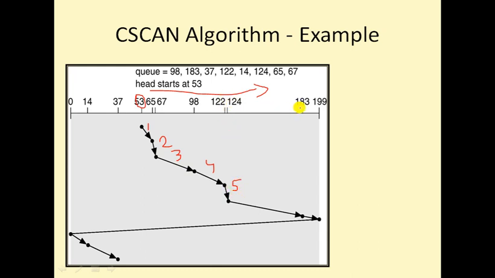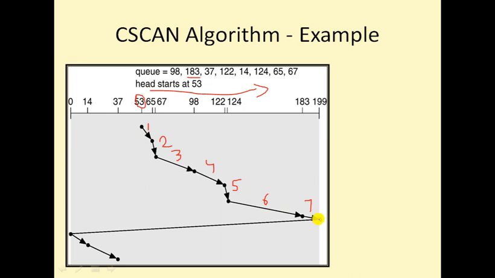From 124 to 183 is the sixth move. If you observe the track numbers available in the queue, 183 is the maximum value. After 183 there is no value, even though the head moves from 183 to 199.